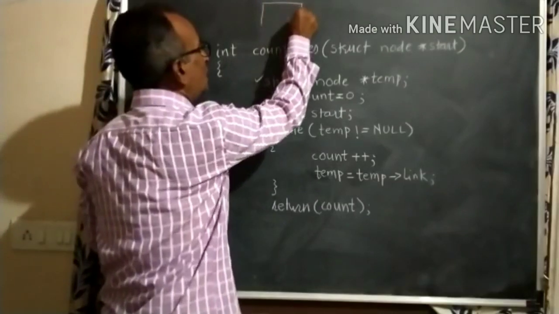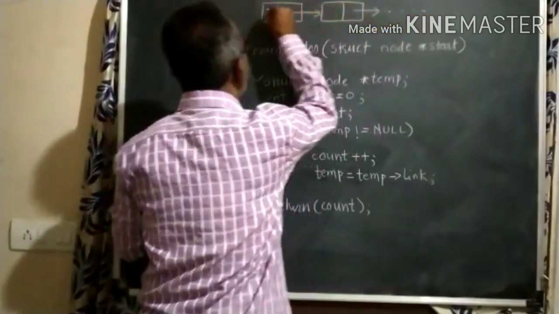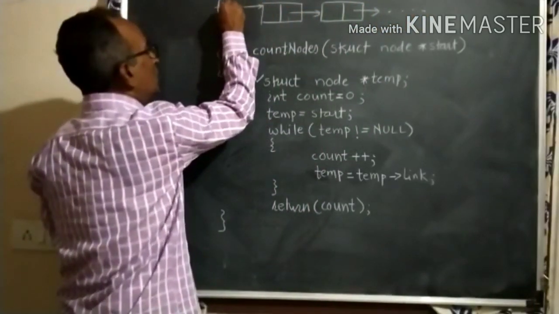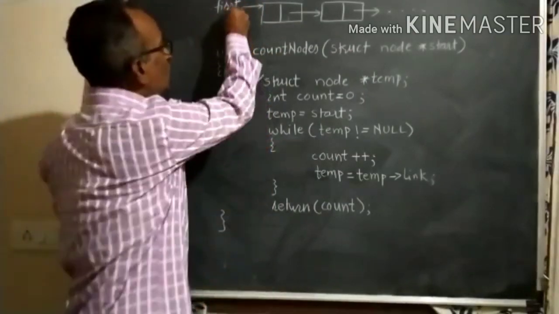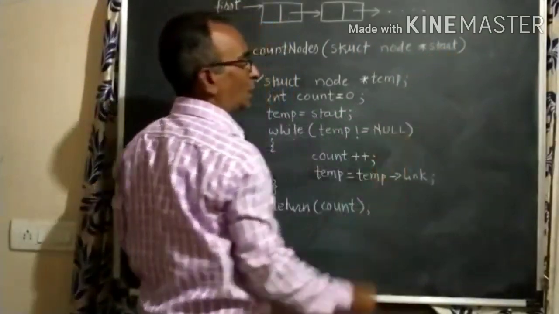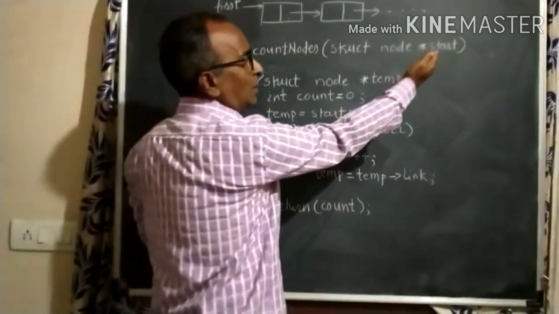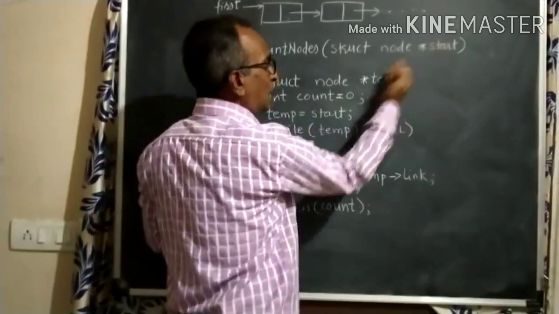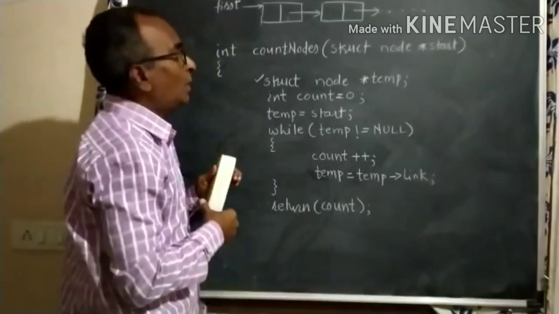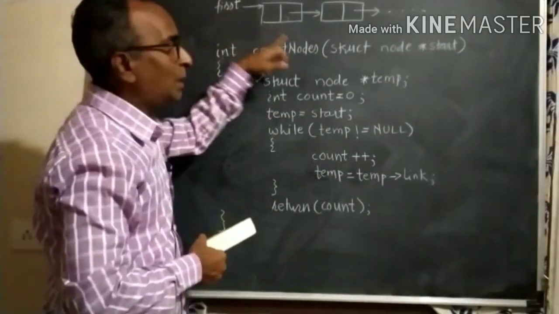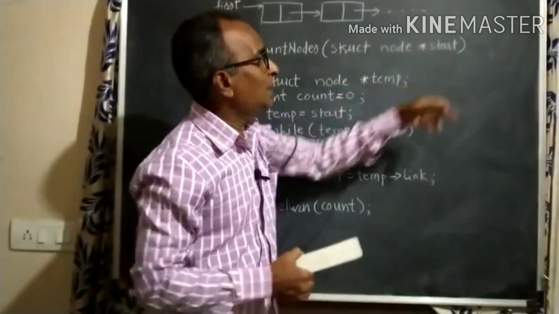Whenever you have a linked list, suppose this is the linked list given, this is first, and for this linked list I want to count the nodes. First I am sending, I am copying into start. So in this function, start can be changed, or this pointer can be changed. First should not be changed, but when I am passing this as a parameter, call by value, this is temporary now.